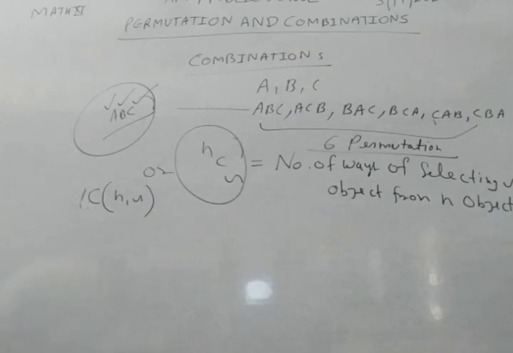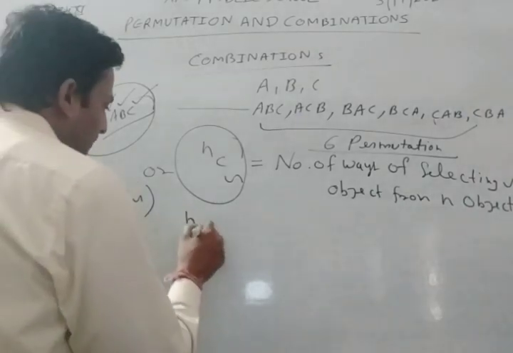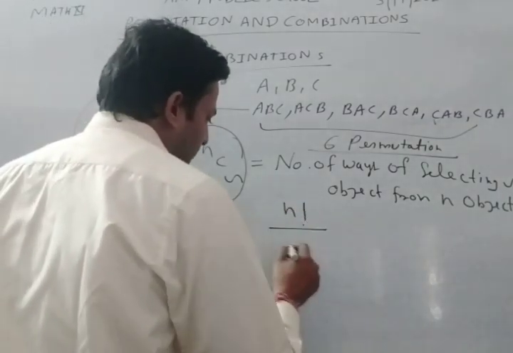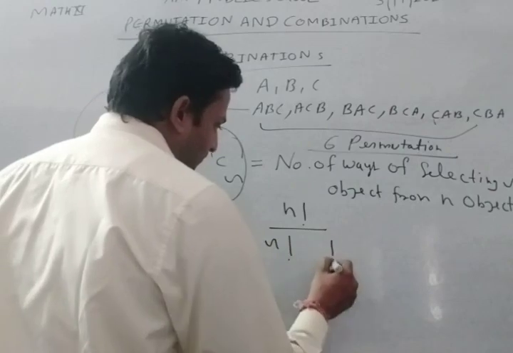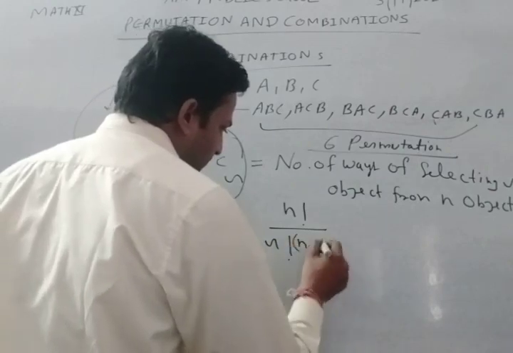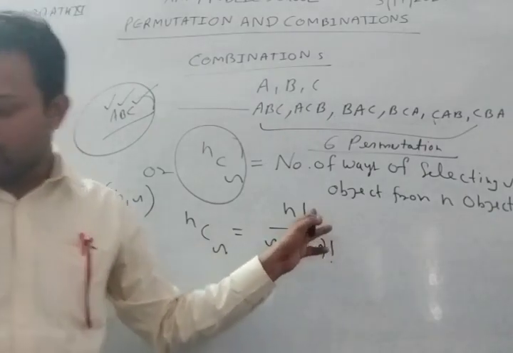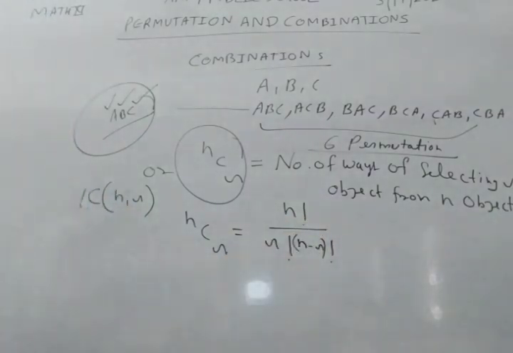Now nCr is defined by factorial n divided by factorial r times factorial n minus r. This is the formula of nCr: n factorial over r factorial times (n minus r) factorial.